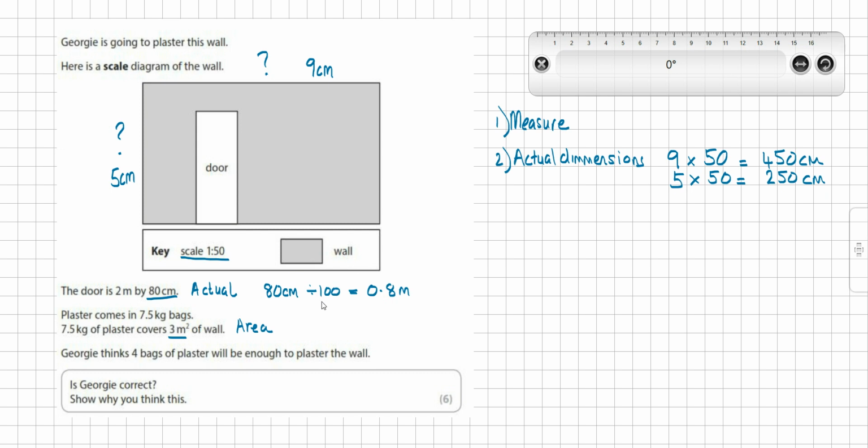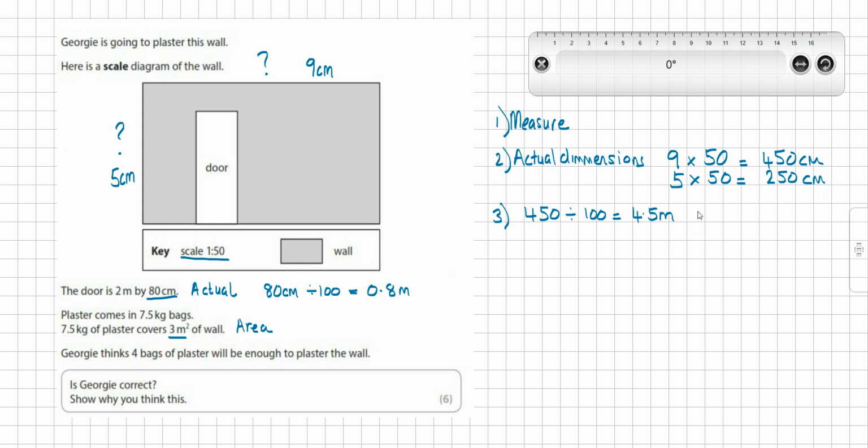Now, as I already said, we want to try and make everything in the same unit, and we're looking for an answer in metres. So the next stage is to change those into metres. 450 divided by 100 is going to give us 4.5 metres.